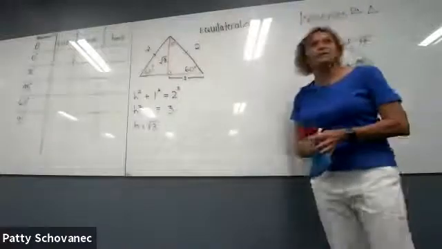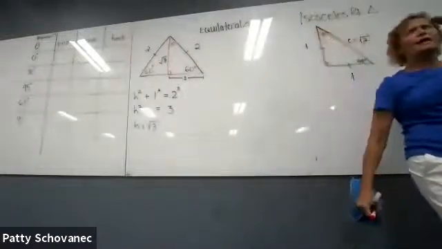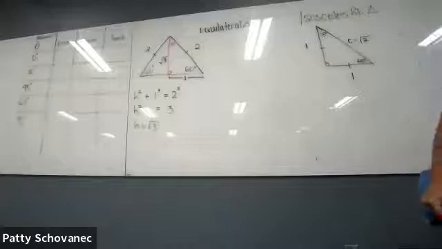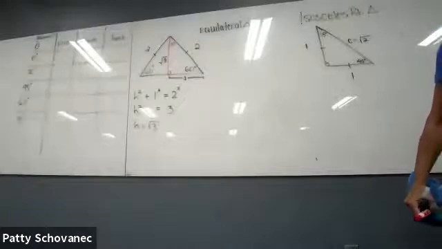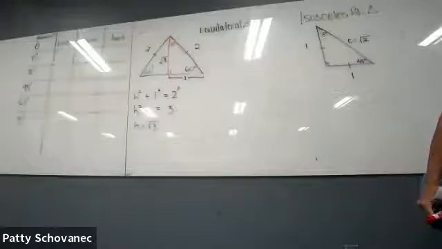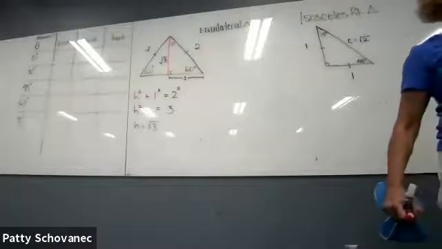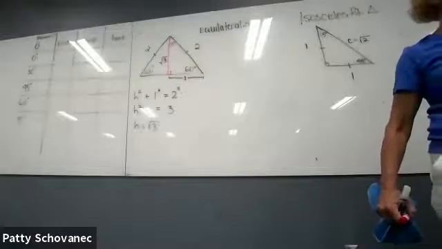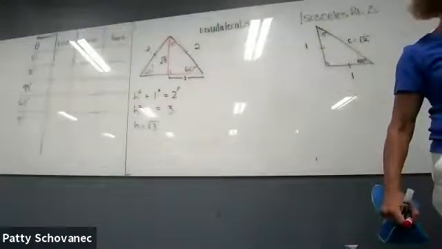Okay, let's go across the 0 degrees. A 0-degree angle is technically a ray on the x-axis. So it has a positive x coordinate. The y coordinate is 0, and r is the same as the x coordinate. So if r and x are the same, then the ratio x over r is going to simplify to 1.